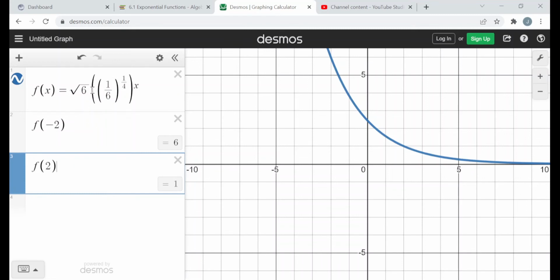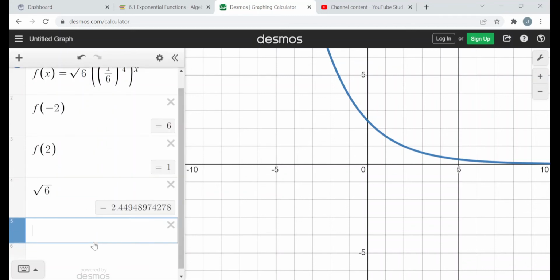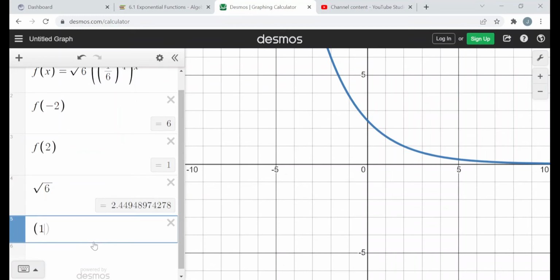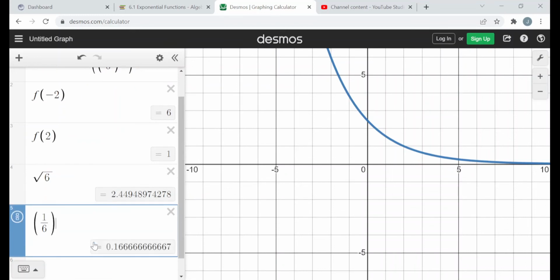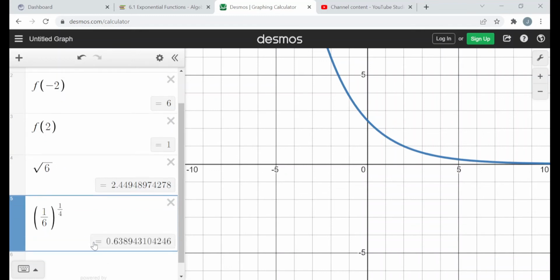That totally works. Now, if you want to put some decimals in, do some rounding, the square root of 6 is about 2.4495. And then the 4th root of 1/6, to the 1/4 power, is about 0.6389.